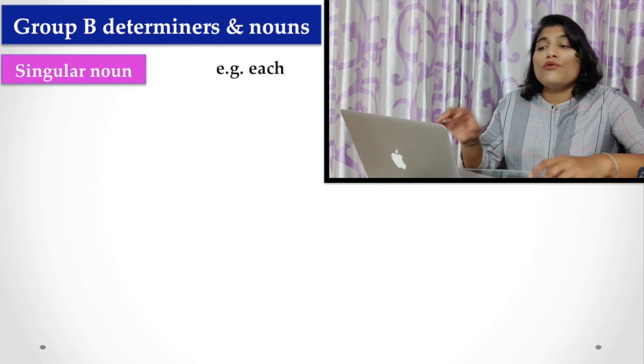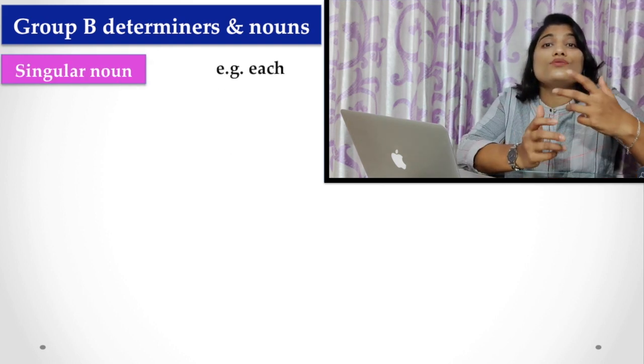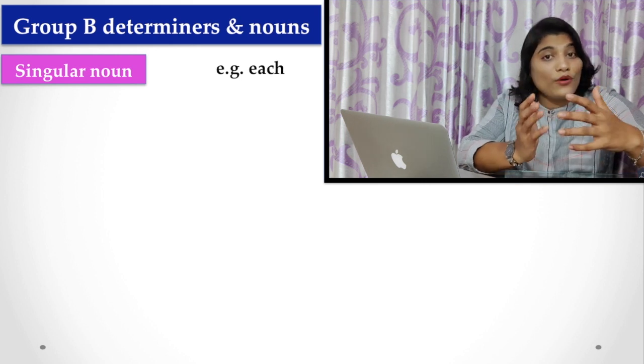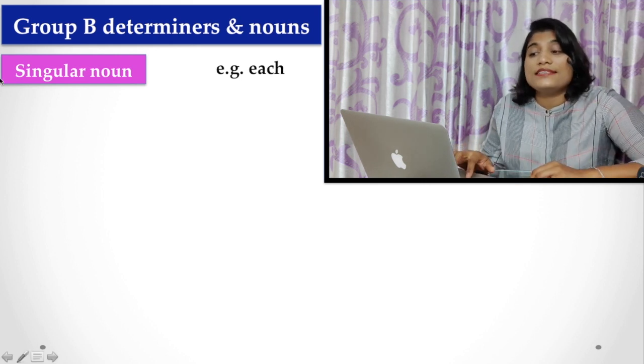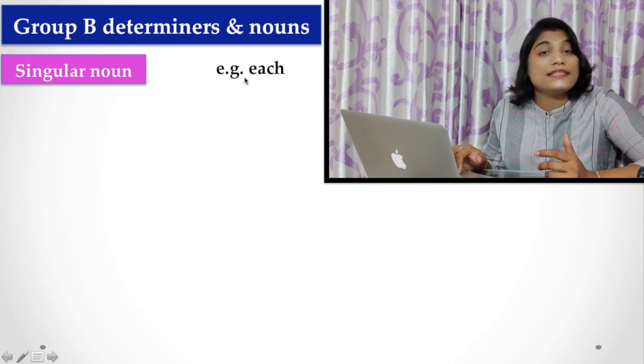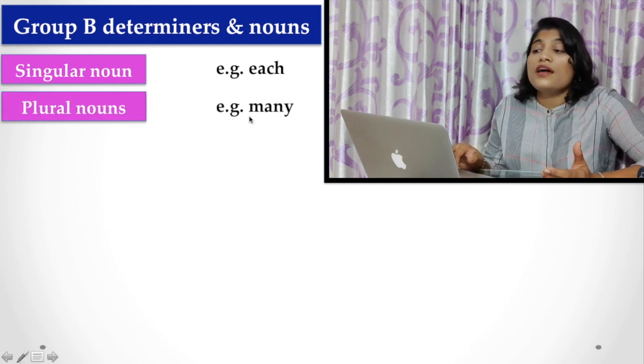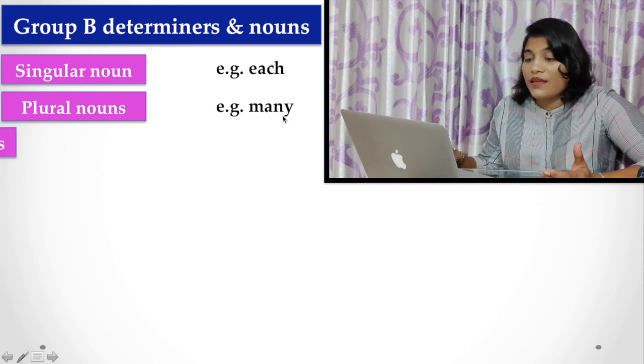Now, group A, group B determiners and the noun. How do we use them with nouns? Now I am going to tell you. With a singular noun, the group B determiner each is used. With a plural noun, we use a group B determiner like many.